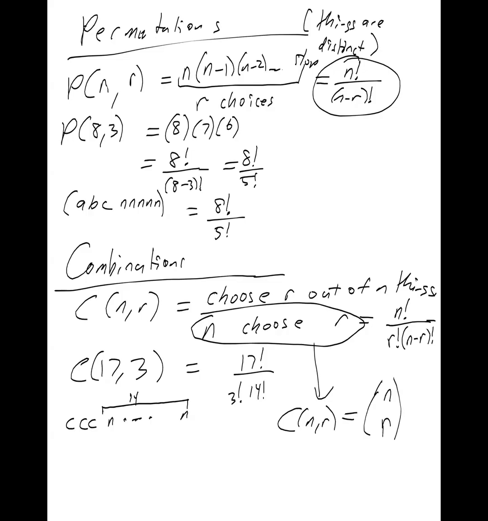So it looks like a fraction, but it's not. It just has parentheses around it. It almost looks like a matrix, but you see parentheses with 2 numbers like n and r on the top and bottom. That also just means the combinations of n choose r.